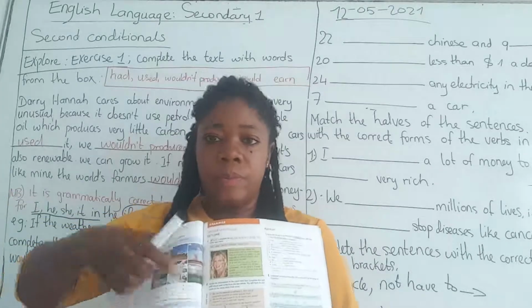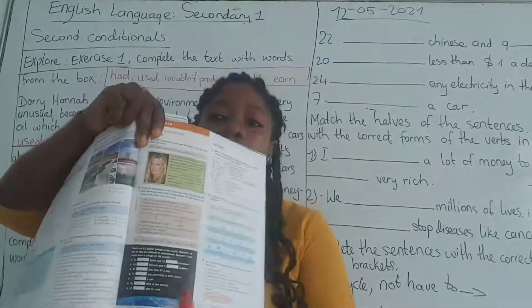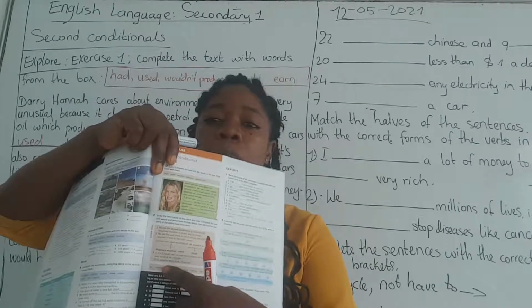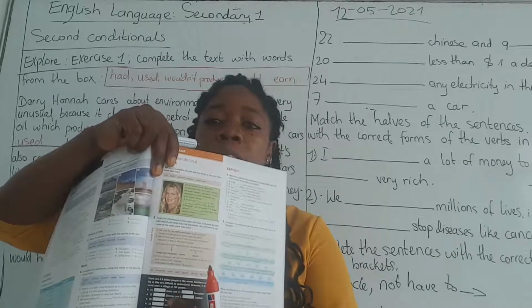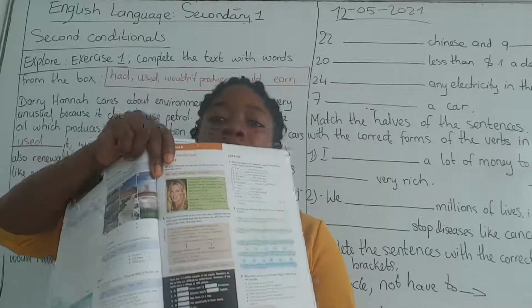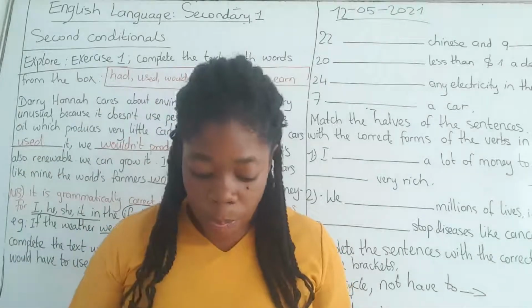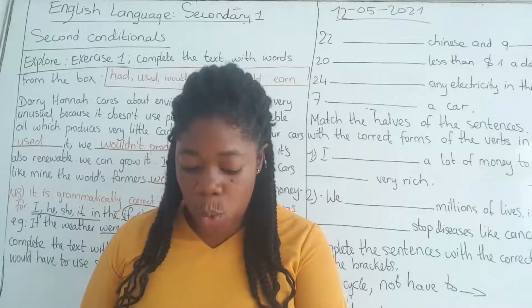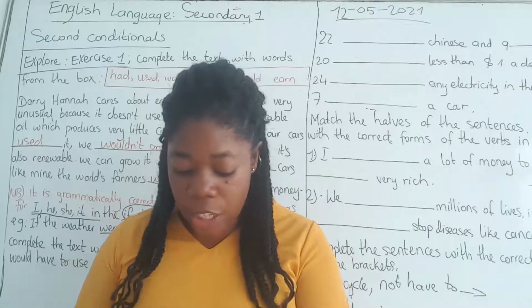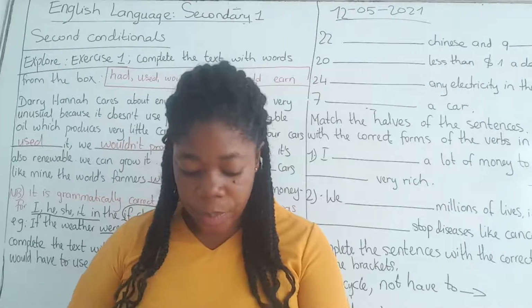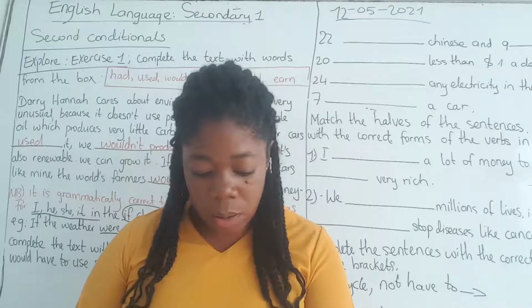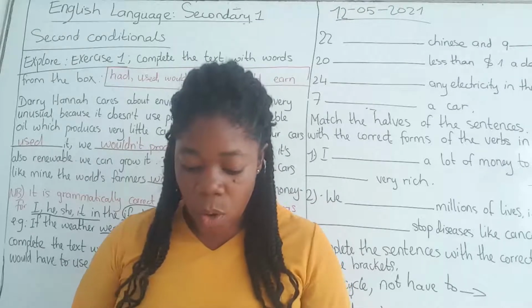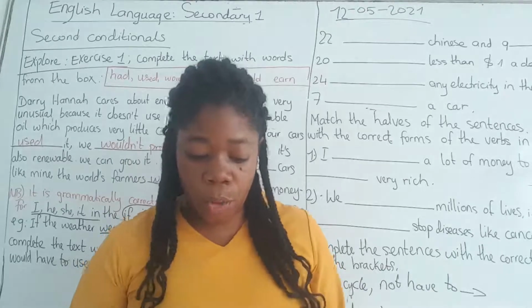These are the words we have to use to complete this table here. 61 would be Asian and 12 would be European.